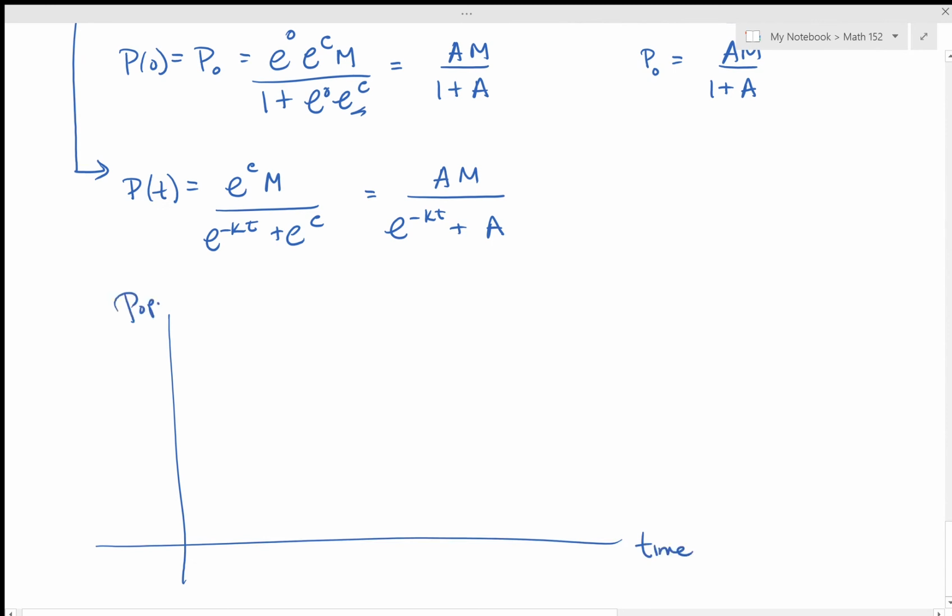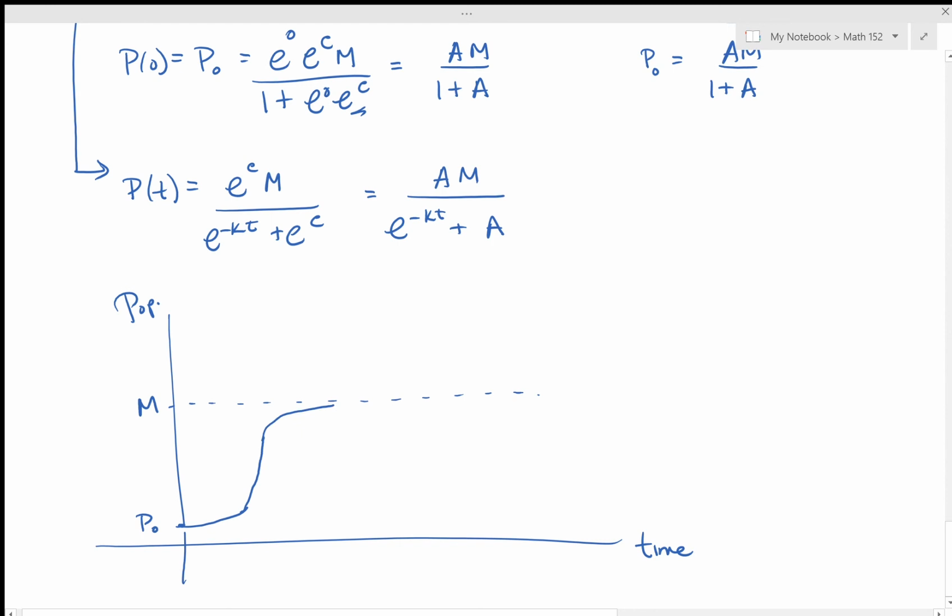We have some initial P naught, and if the population is below the line, this is M, the carrying capacity, the population starts to grow exponentially, and then as it gets close to the carrying capacity, we get a nice exponential coming up here, and then it levels out like that.